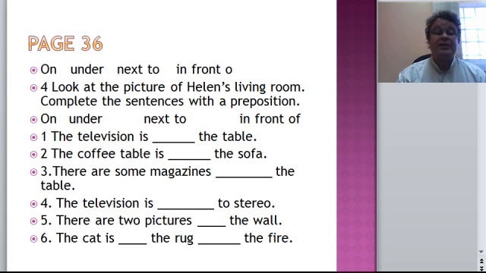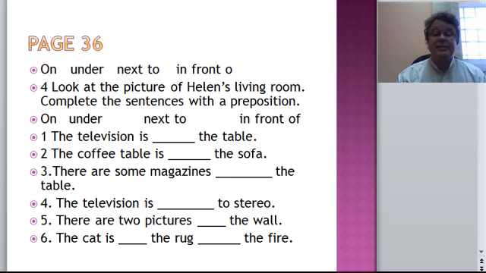Page 36. On, under, next to, in front of. 4. Look at the pictures of Helen's living room. Complete the sentences with a preposition: on, under, next to, in front of. 1. The television is the table. 2.